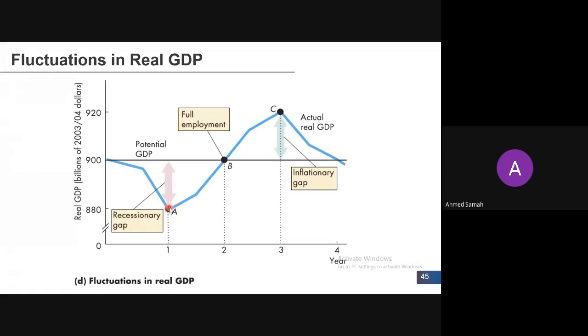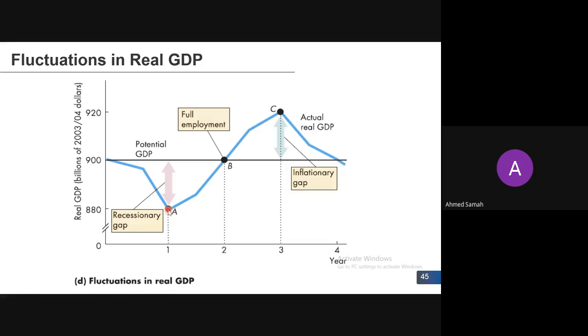What will it be called in the business cycle? Yeah, it is a trough. So at the trough, that is after a recession, the lowest point of recession is the trough.